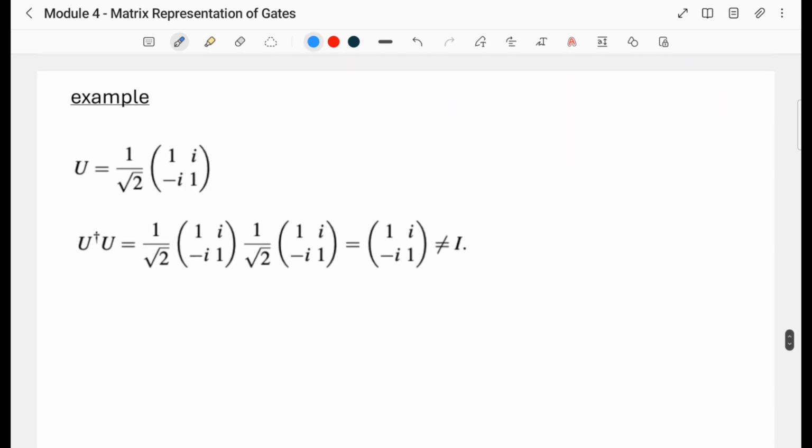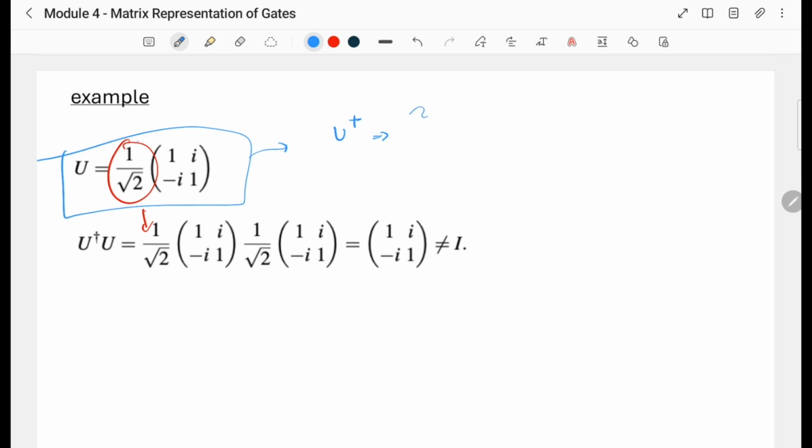Let's consider an example. We take a gate U. Let's check if this is a valid quantum gate or not. We first try to calculate the transpose conjugate of this matrix. This is constant, so it simply remains like this.